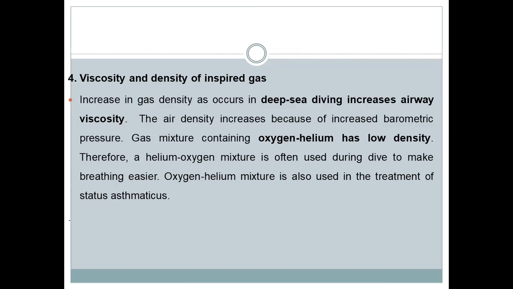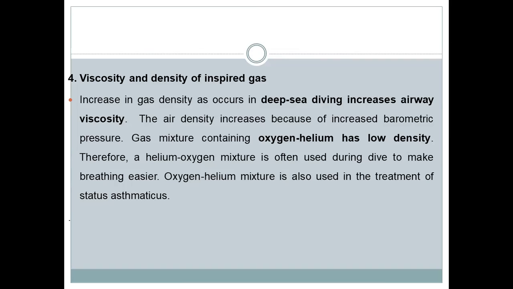This increased density can cause increased viscosity in the airway. Due to that, a gas mixture with low density is given, that is an oxygen helium gas mixture, and this is often used during the dive to make breathing easier.